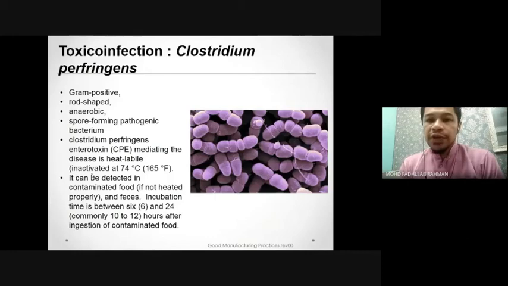The Clostridium perfringens enterotoxin mediating the disease is heat labile, inactivated at 74 degrees Celsius, meaning that we need to heat our food to more than 74 degrees Celsius to kill this bacteria and its toxin. It is an enterotoxin. So it can be detected in contaminated food if not heated properly, and in feces.